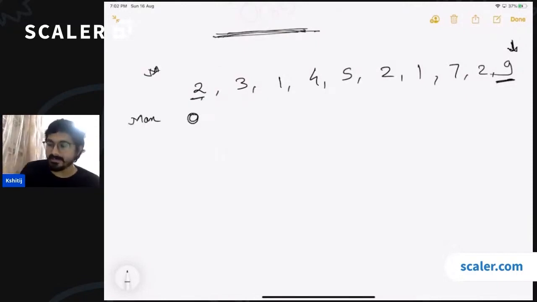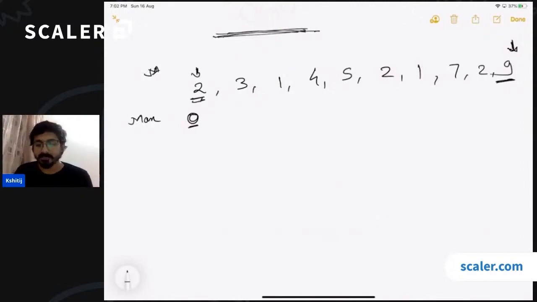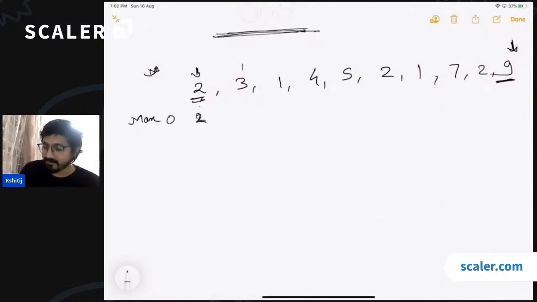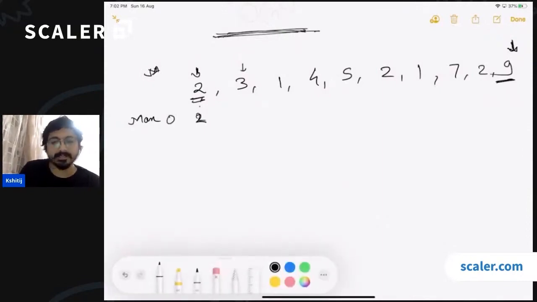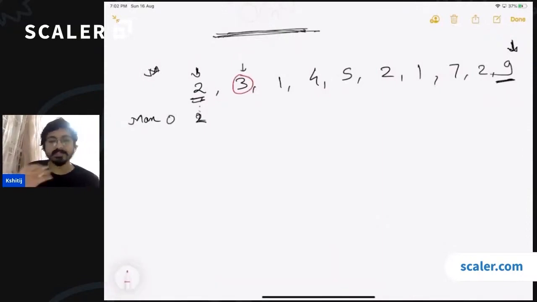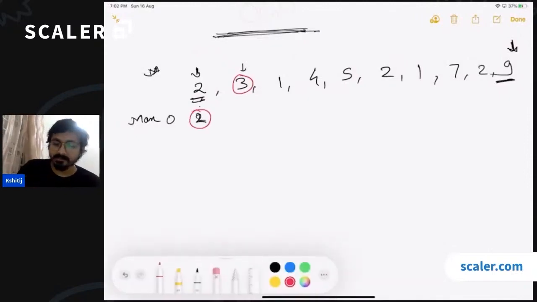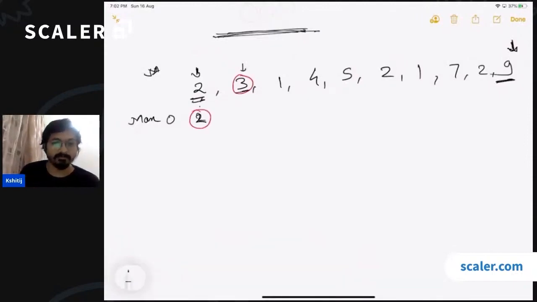We are saying that whatever is the maximum between the current maximum and the current bar is going to become the maximum, right? So maximum is initialized by 0. When we reach here, we say that 2 is the maximum. Then when we reach 3, we compare this value with the current maximum. This is how we calculate the maximum of an array, correct? So 3 becomes the maximum.